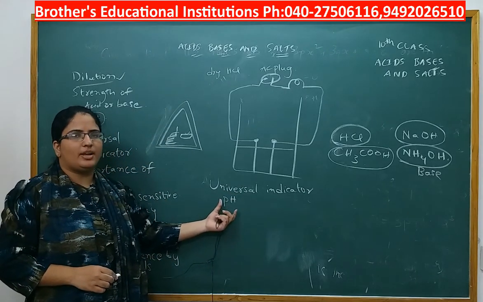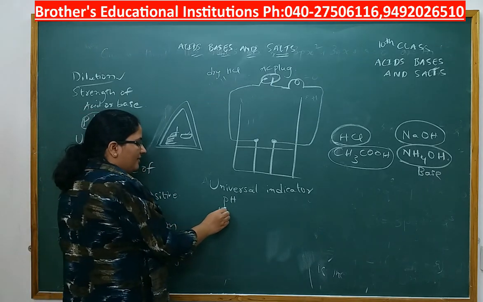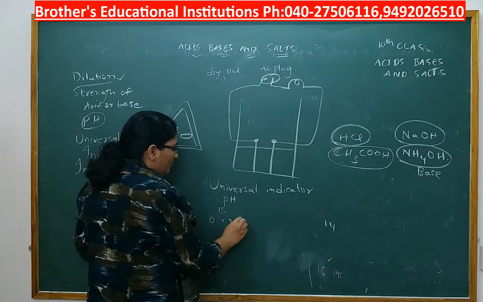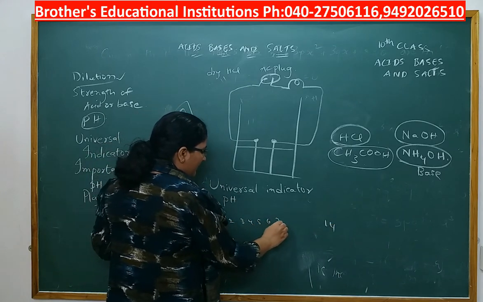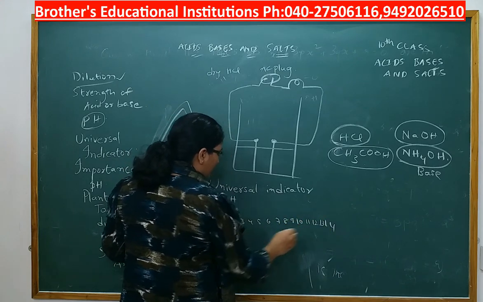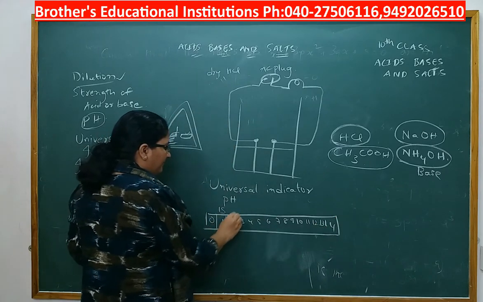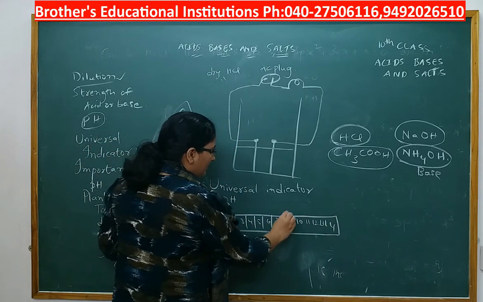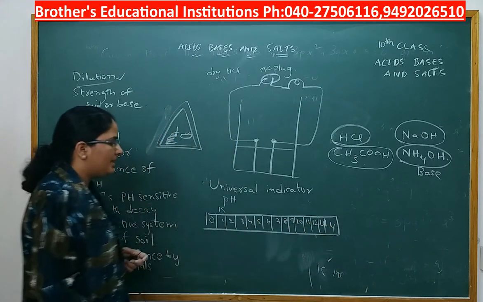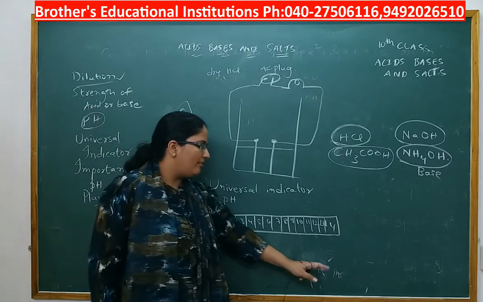This scale has 15 values, from 0 to 14: 0, 1, 2, 3, 4, 5, 6, 7, 8, 9, 10, 11, 12, 13, 14.